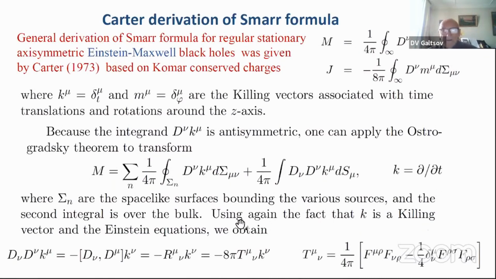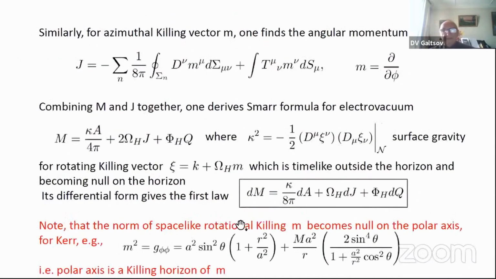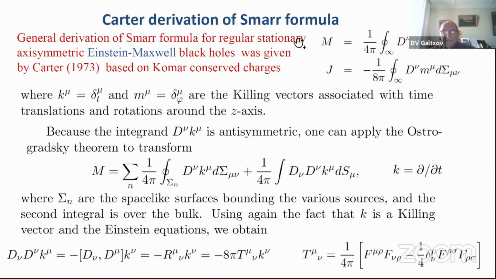And then the modern derivation was given just 1 year later by Carter in his famous book, Black Holes, from the Les Houches school. And he started with Komar integrals. Komar integrals are just these.